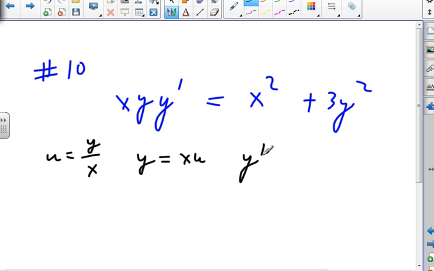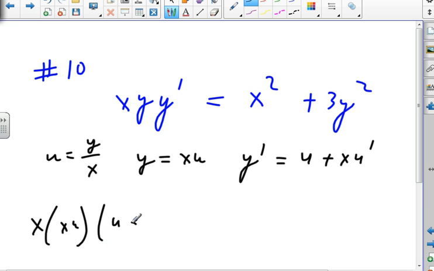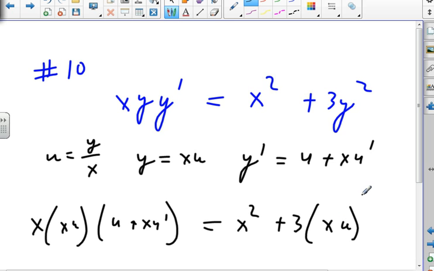And y prime is u plus xu prime. Okay, so I've got x times xu times u plus xu prime is equal to x squared plus 3 xu squared.